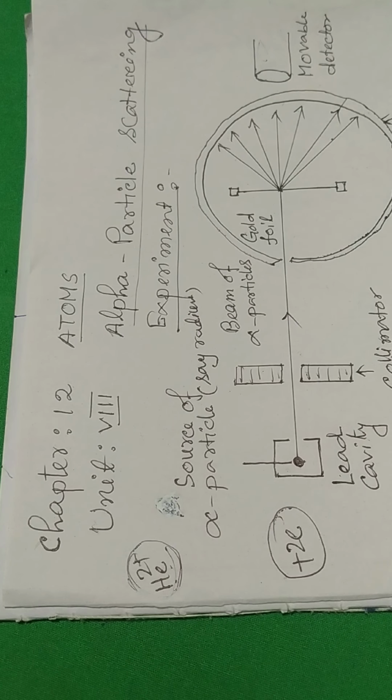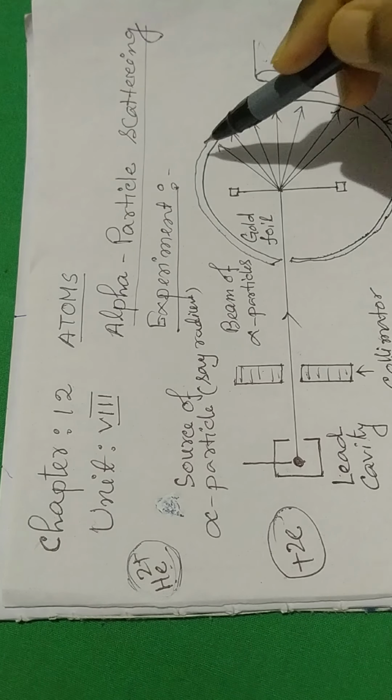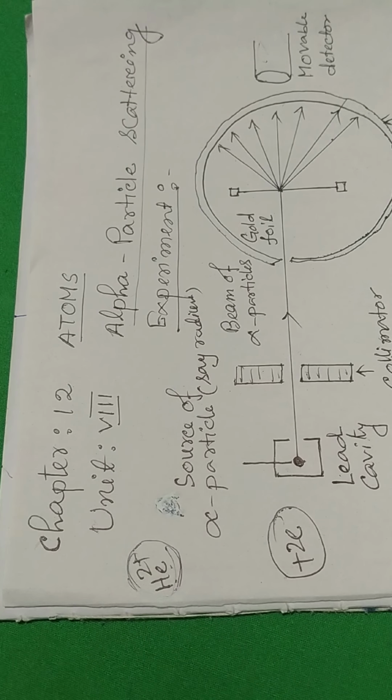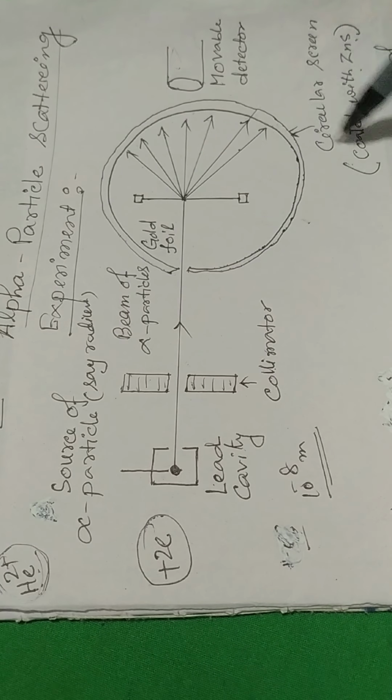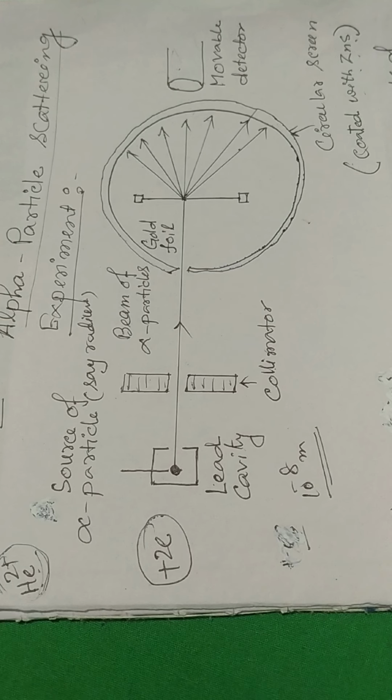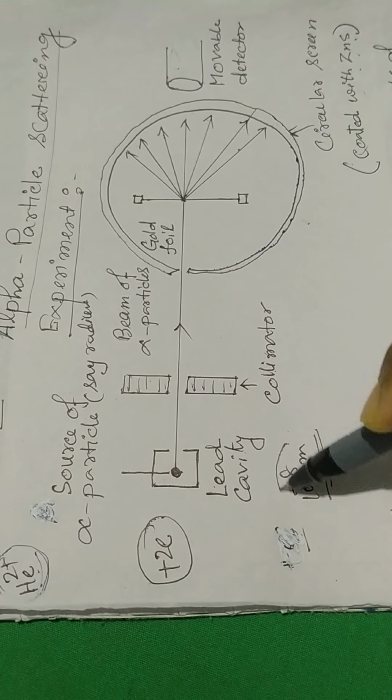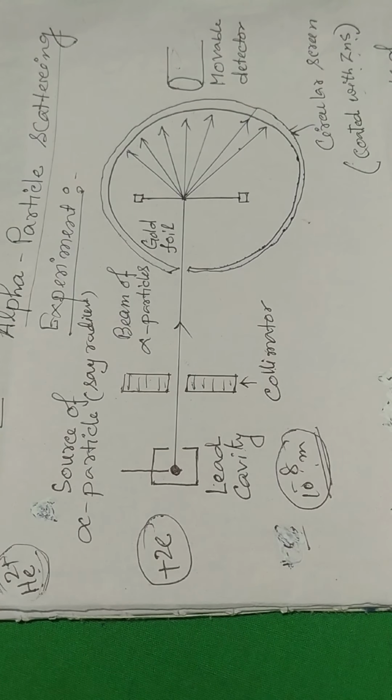It consisted of a narrow beam of alpha particles obtained from a radioactive substance kept in a lead cavity, incident on a circular screen coated with zinc sulfide, after passing through a thin gold foil of thickness 10 to the power minus 8 meter.